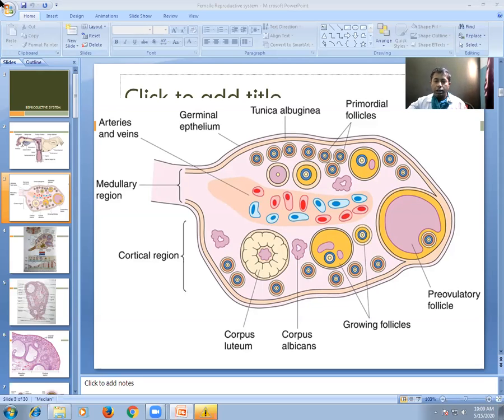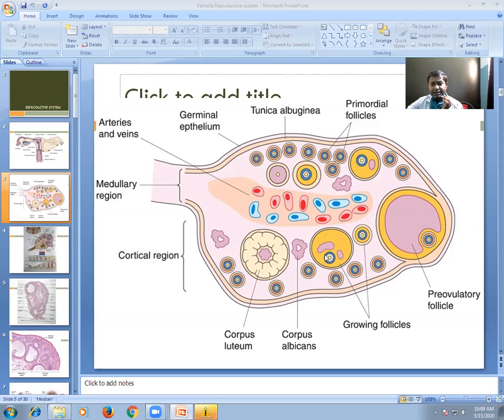Then below that germinal epithelium, the simple cuboidal epithelium, and the covering known as the tunica albuginea, it consists of various cells starting from the primordial follicle up to the mature ovarian follicle. So overall, this is the ovary. It consists of an outer area known as the cortex, and an inner area known as the medulla. The cortex consists of primordial follicles, primary follicles, secondary follicles, and mature ovarian follicles.